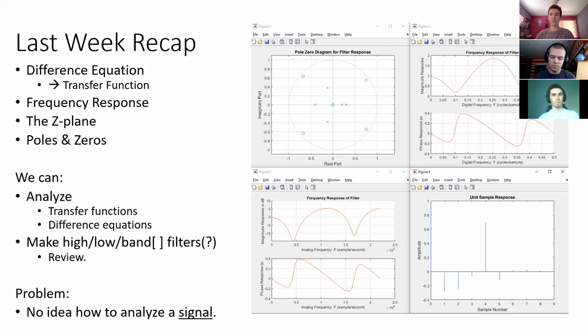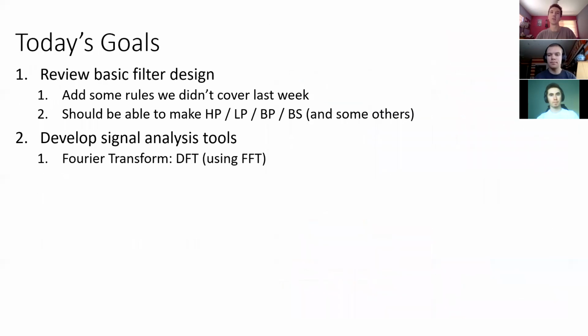We know how to analyze these filters given the a_k, b_k, the coefficients of the difference equation. But if you're handed just some input signal, like from a microphone, we still don't have any good way to analyze that. We can apply a filter to it, but we can't even really look at the output.